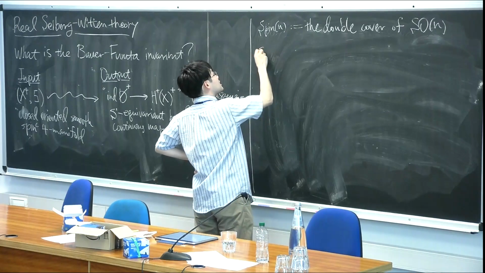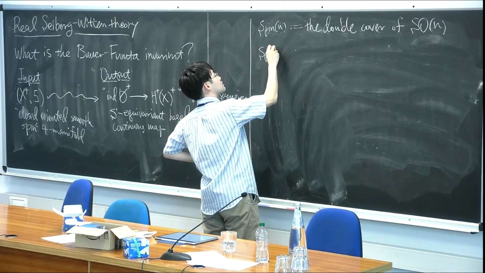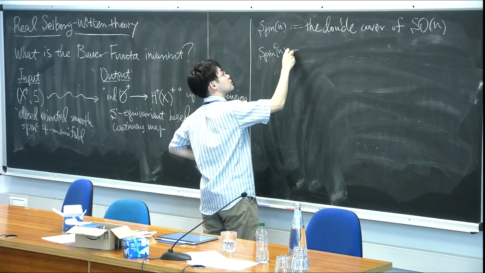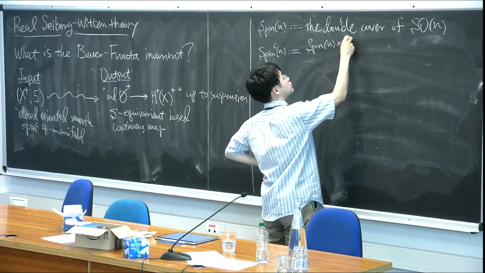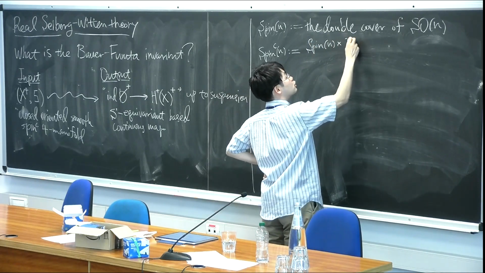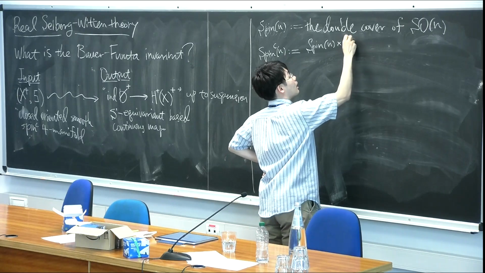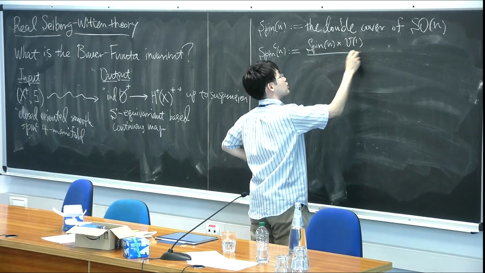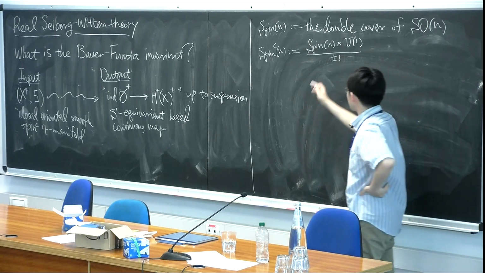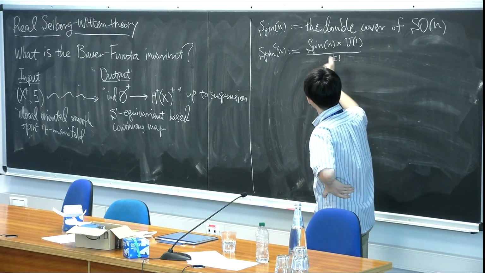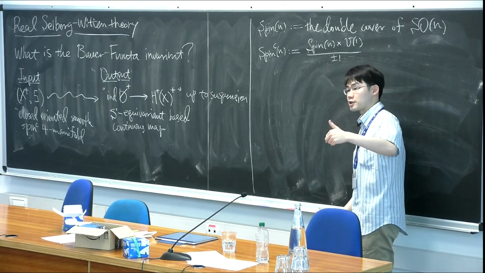Another Lie group you have to define is the so-called spin-C group. This is simply taking the direct sum of this spin group together with U(1), the easiest Lie group, but divided by the diagonal action of Z mod 2, acting on spin by the covering transformation.